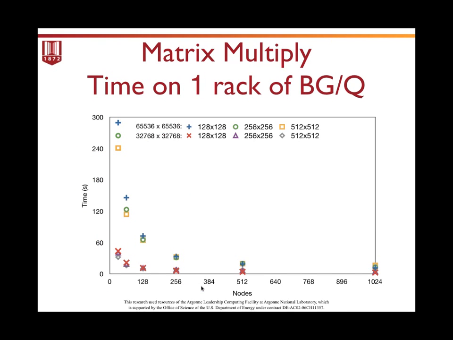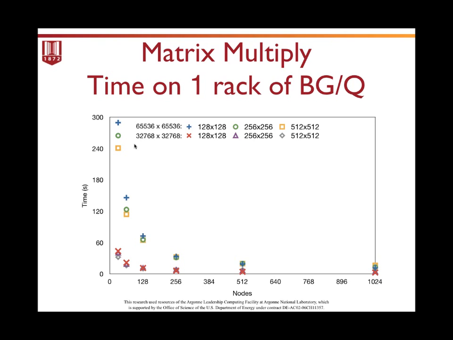So now I'm going to show some benchmark results from TiledArray doing a simple matrix multiply. Here we started out with 32 nodes on Vesta, which is an IBM Blue Gene Q system. And we did a variety of different tile sizes, starting from 128 by 128 going all the way up to 512 by 512.